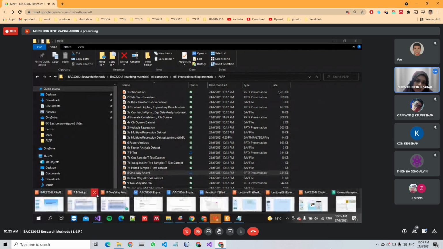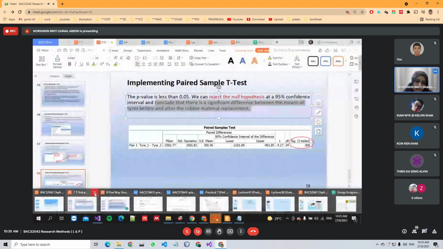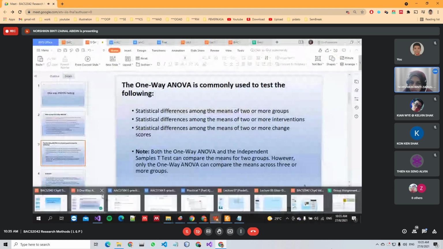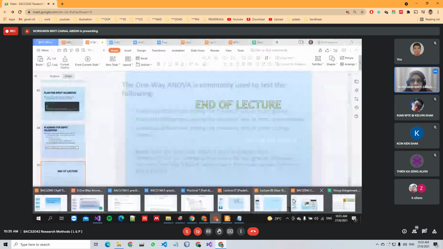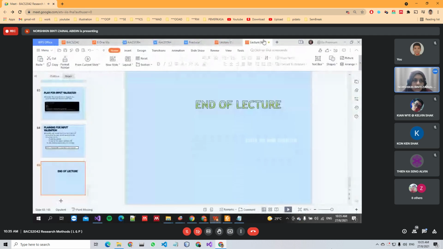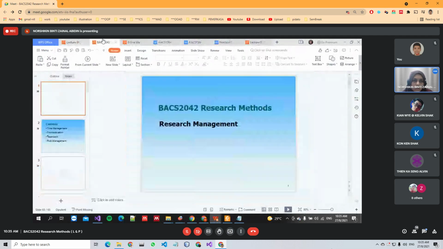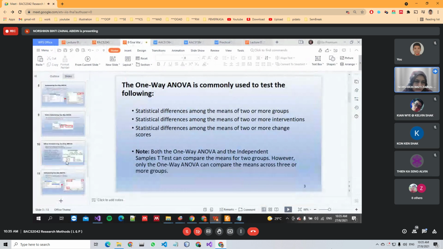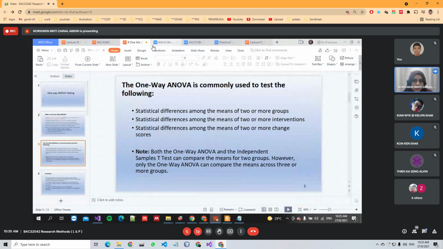I want to close this one. So for practical 7A, is there any question? For ANOVA, we will go next week for ANOVA 1 and ANOVA 2.